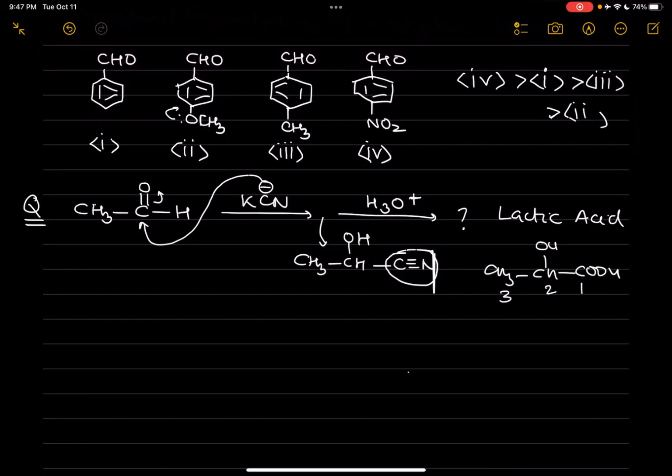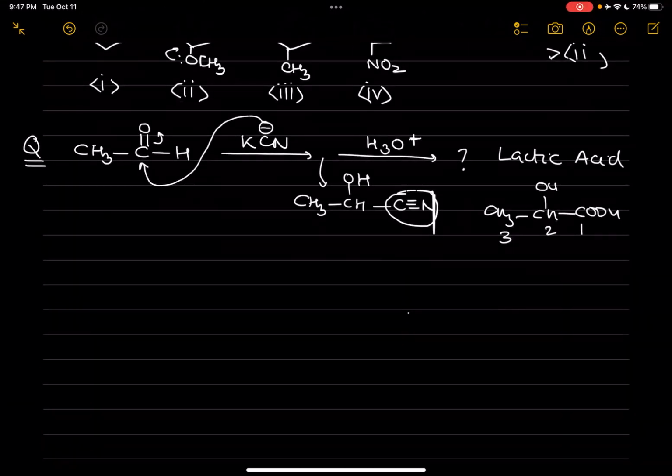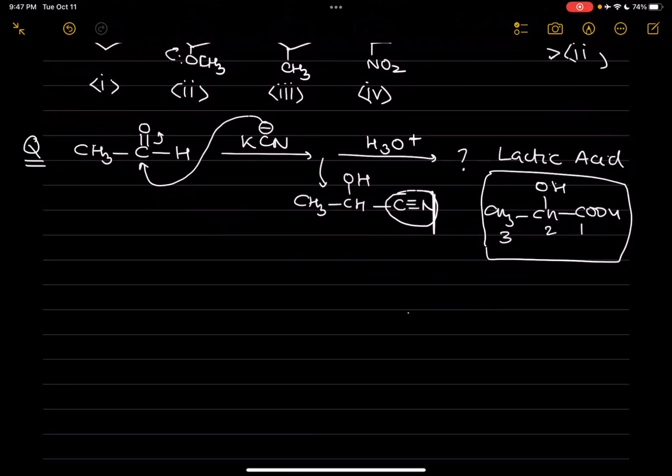But there is one more question: how many isomers are obtained? That's going to be a bit tricky, but very easy also. There are 2 isomers. Which 2 isomers? What is the relationship between them?